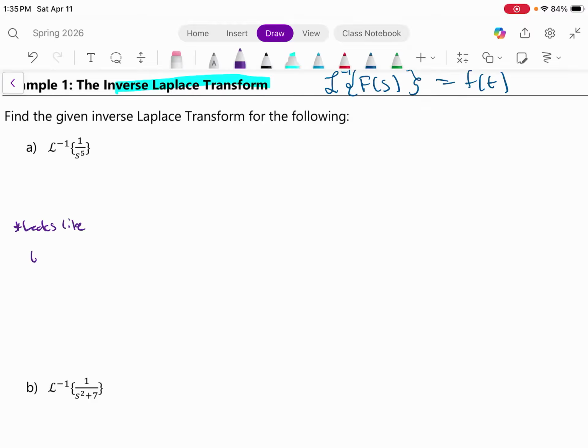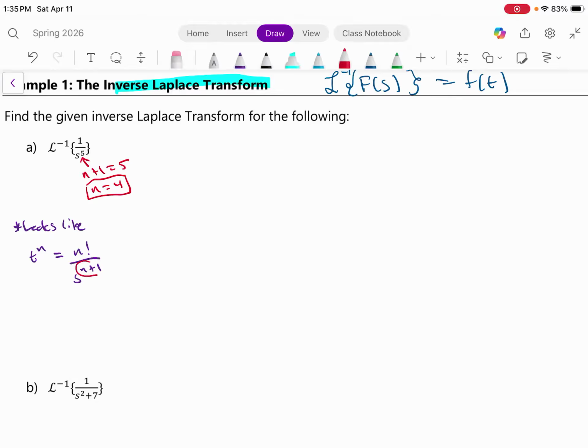It looks like the Laplace of t to the n equals n factorial over s to the n plus 1. Okay, so let's identify what 1 over s to the fifth is. That n plus 1 equals 5, so that just means n equals 4.